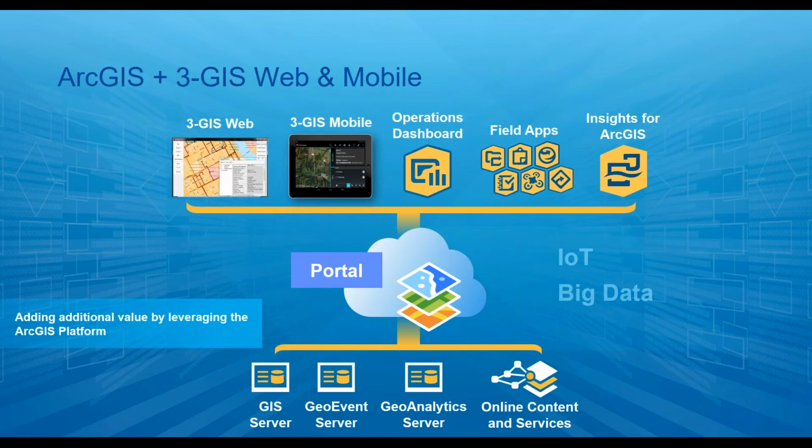We also have a new application called Insights for ArcGIS. So this will allow you to get additional detail and derive new trends and patterns from data that you are collecting. As Kyle mentioned, part of the process is once you have the network built and lit up, being able to manage that asset and the entire network.